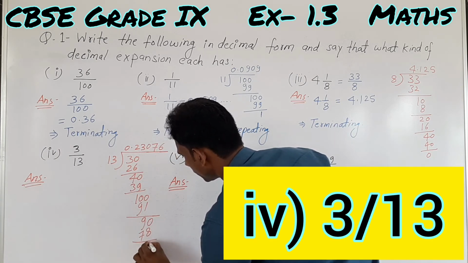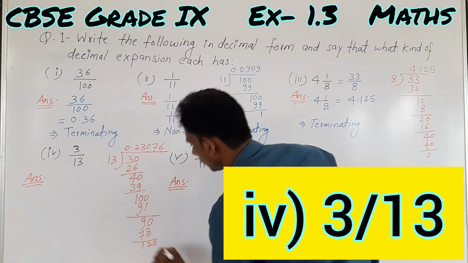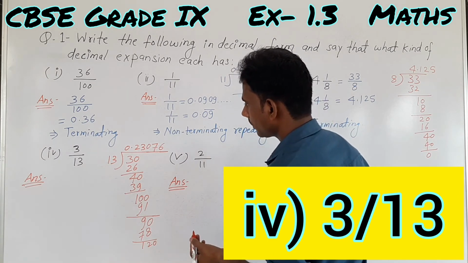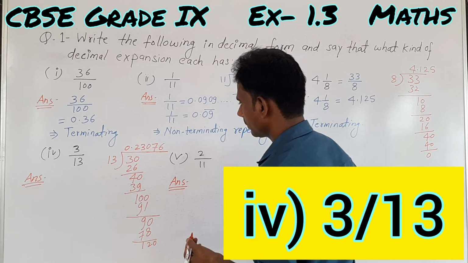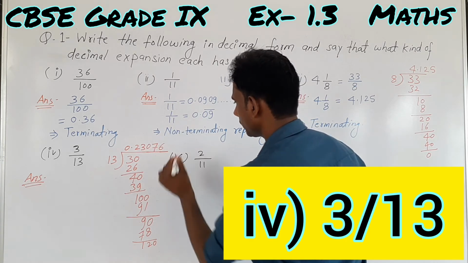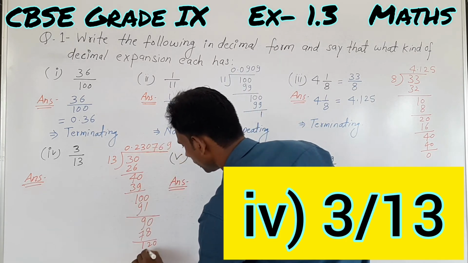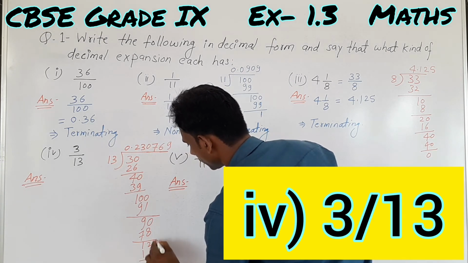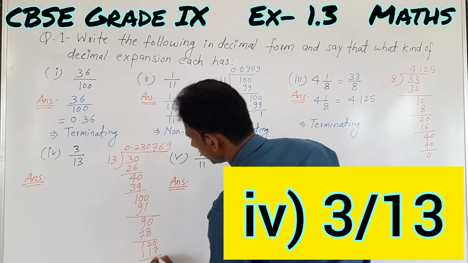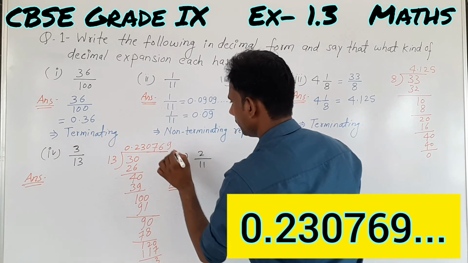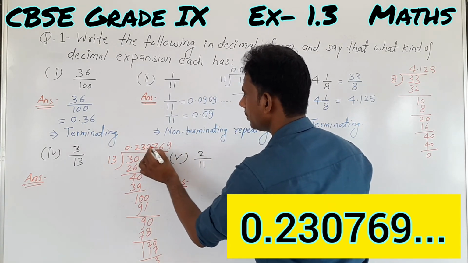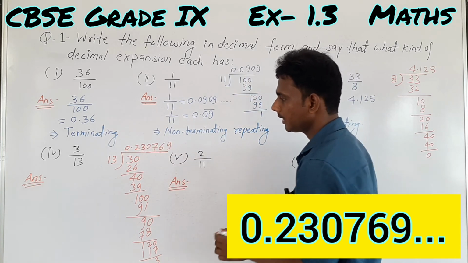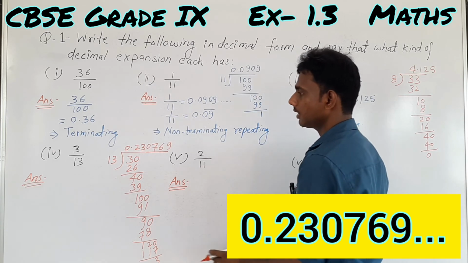Remainder 12, 120. Then 13 nines are 117, remainder 3. Remainder is 3, which means after 6 digits it will repeat again. We get 3 as the remainder.